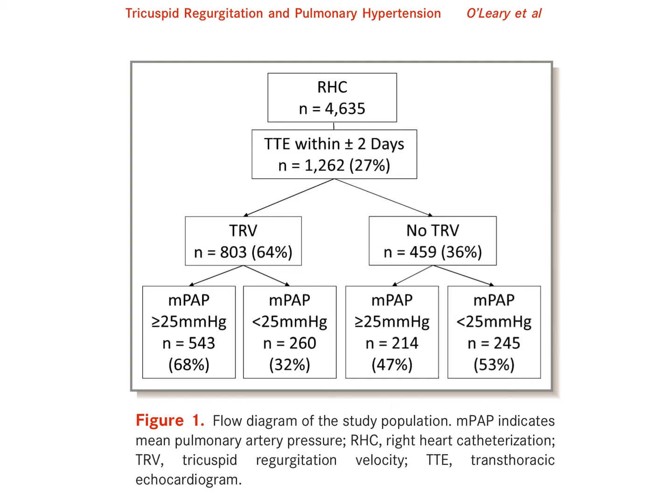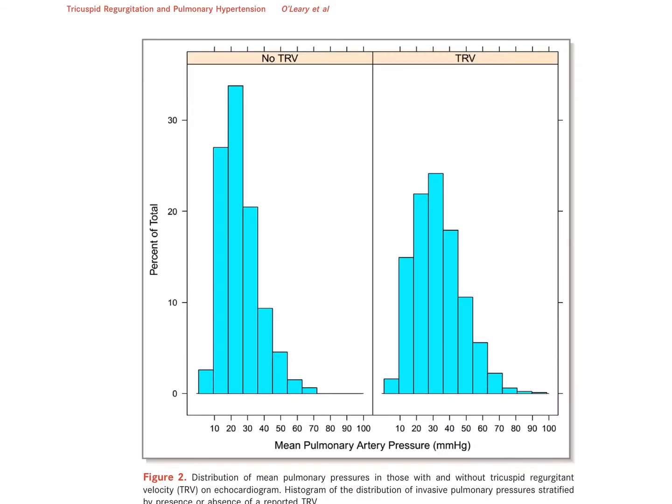Therefore, the absence of tricuspid regurgitation should not be seen as the absence of pulmonary hypertension. This is the distribution of pulmonary pressures in the groups with and without a detectable tricuspid regurgitation signal. You will notice that there is a tendency towards a higher pressure in those with detectable tricuspid regurgitation.